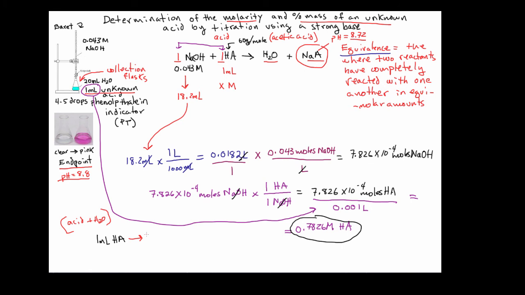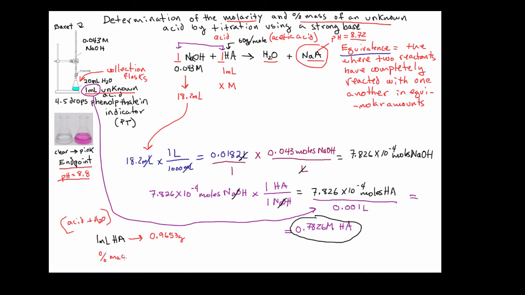So let's say they find out on the analytical scale that 1 milliliter is 0.9653 grams.